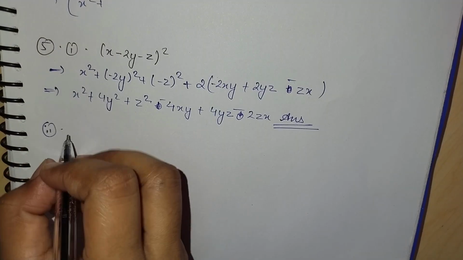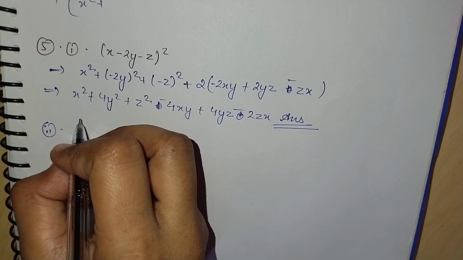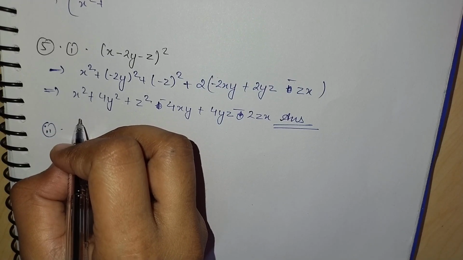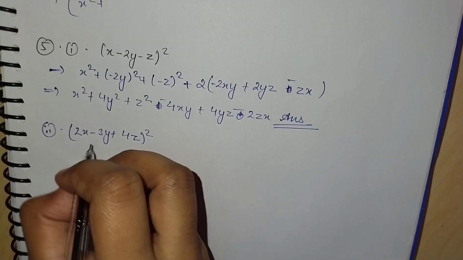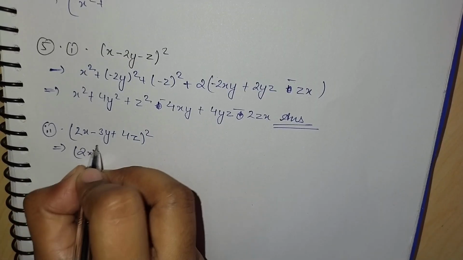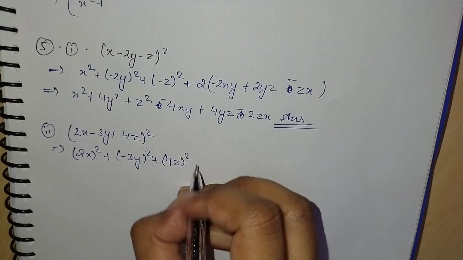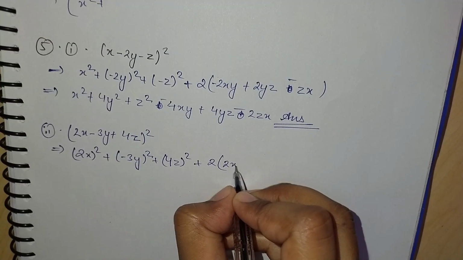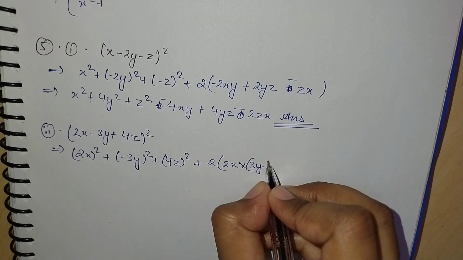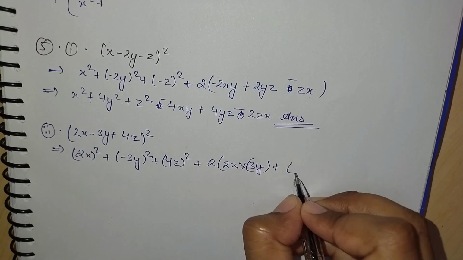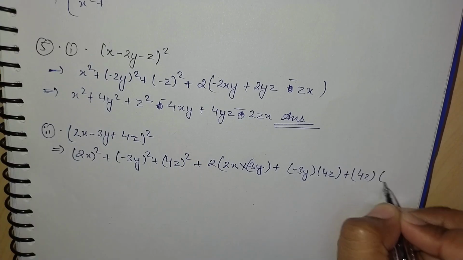Now the second part here of fifth question is (2x − 3y + 4z)². So (2x − 3y + 4z)². On solving this, we will get (2x)² + (−3y)² + (4z)² + 2[(2x)(−3y) + (−3y)(4z) + (4z)(2x)].